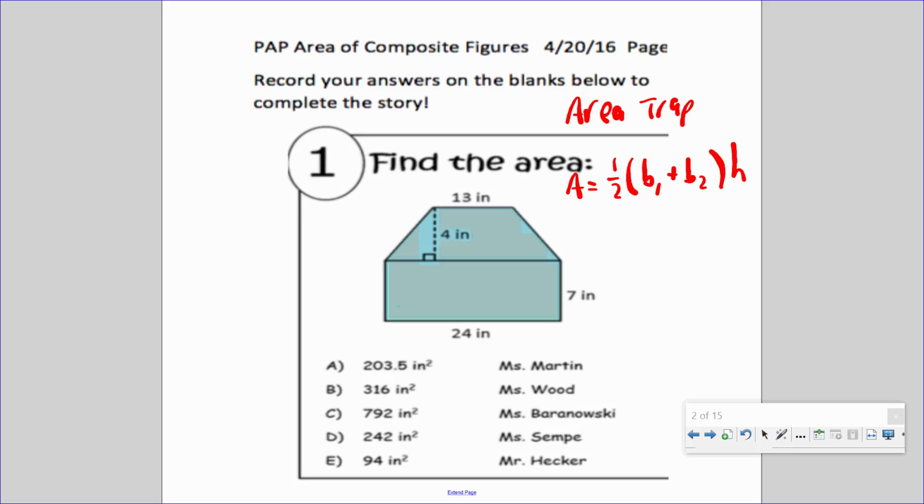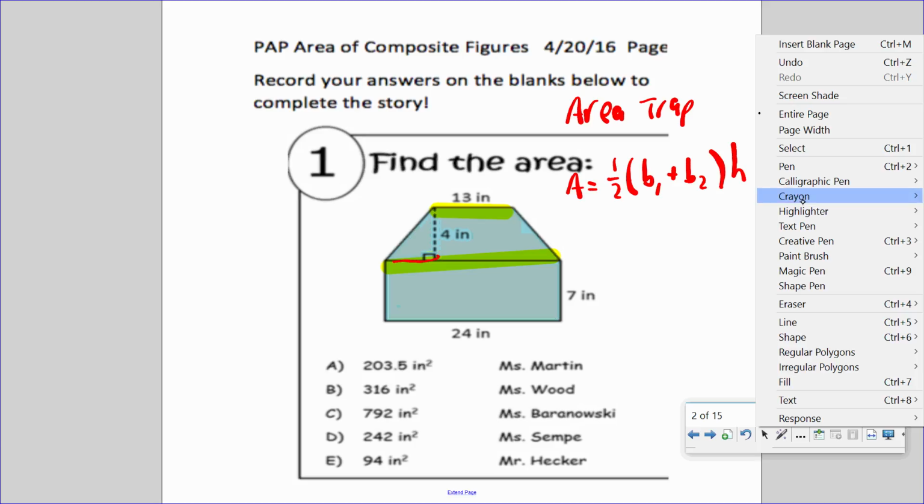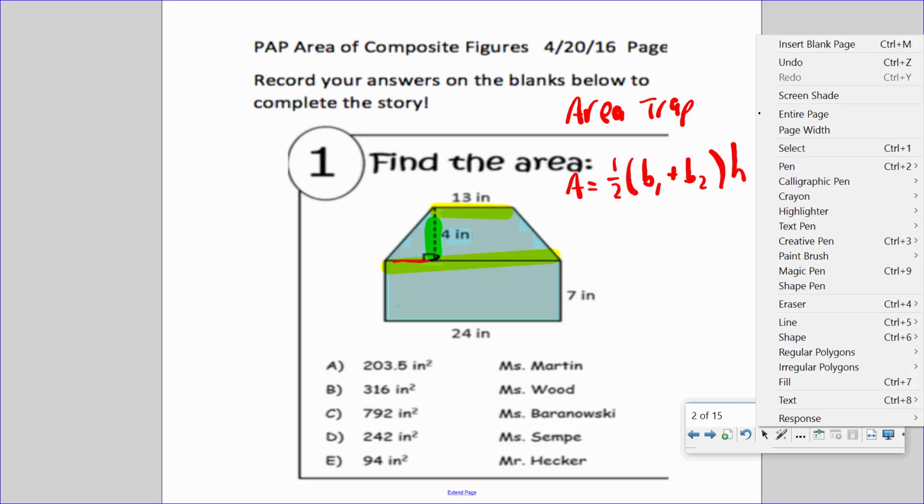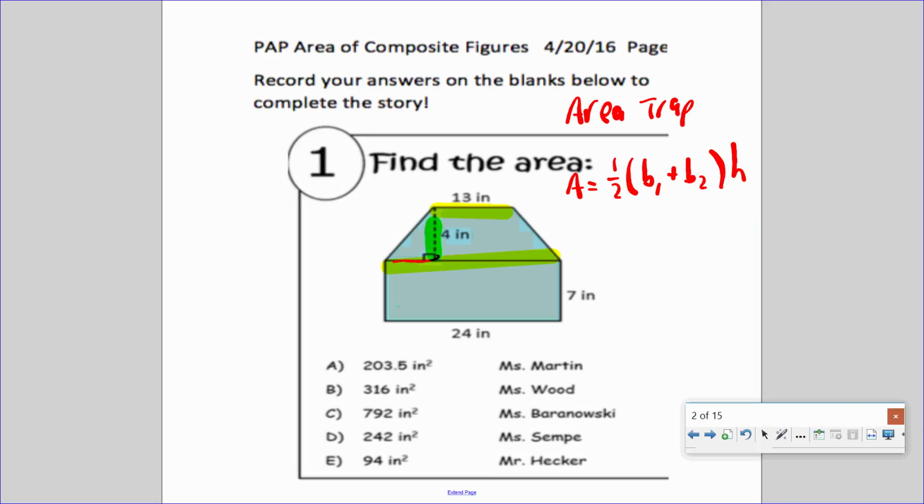So let's take out my highlighter, and the other highlighter here. What are the lengths of the two bases? This is 24.